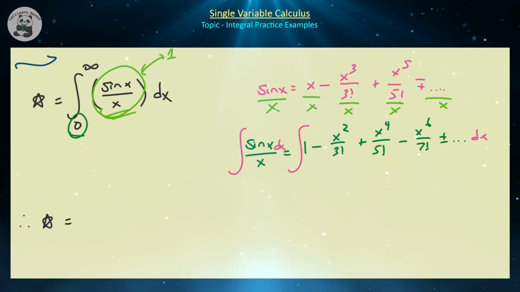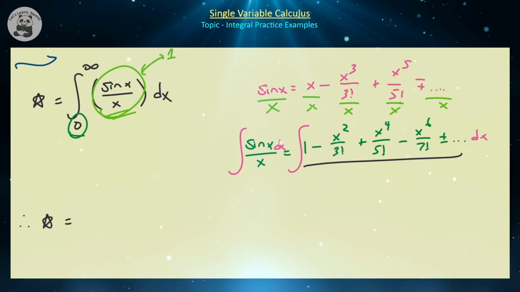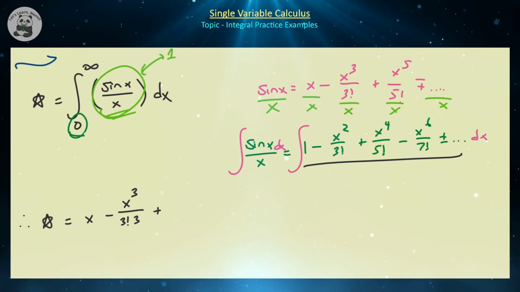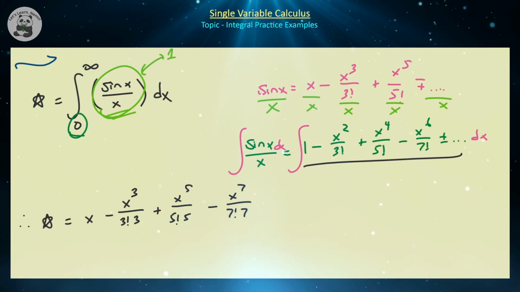So star is going to be equal to the integral of that series. The integral of 1 is going to be x. The integral of x squared is x cubed over 3, which is x cubed over 3 factorial times 3. Then we have x to the 5 over 5 factorial times 5 minus x to the 7 over 7 factorial times 7 plus minus and so on.